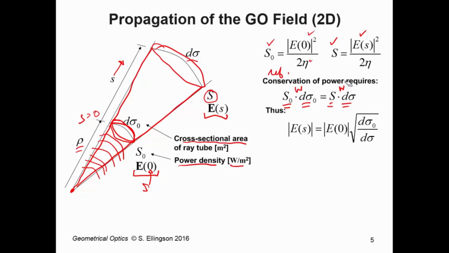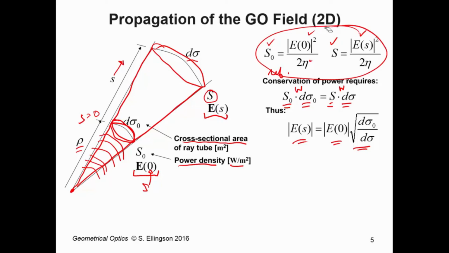So we can write that the magnitude of the electric field at distance S is equal to the magnitude of the electric field at the starting point times the square root of the ratio of the areas. And this comes directly from looking at these relationships.